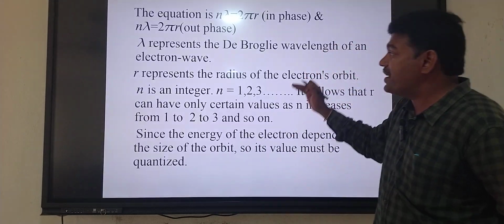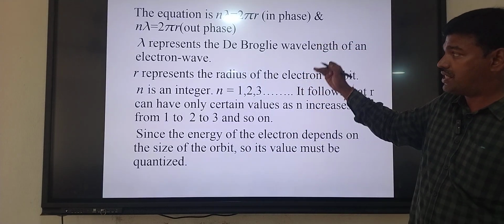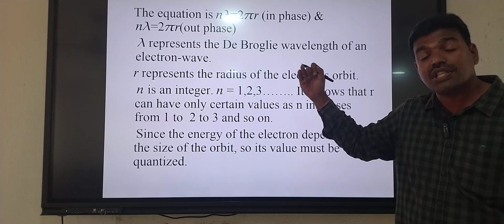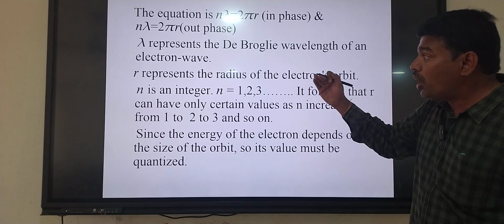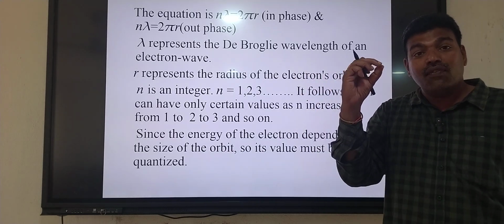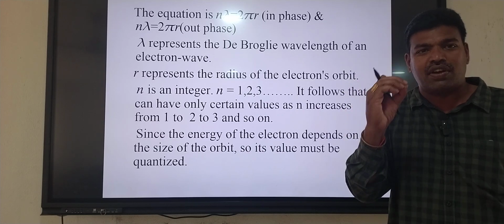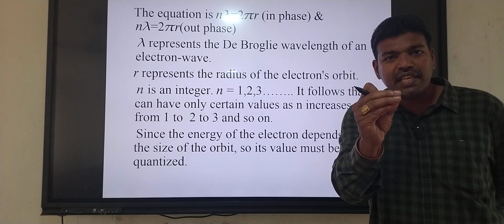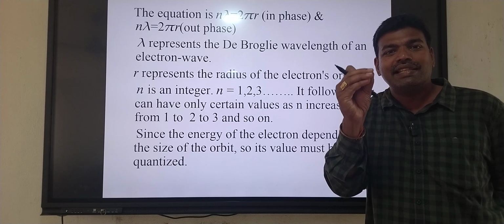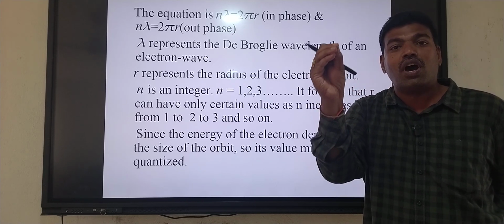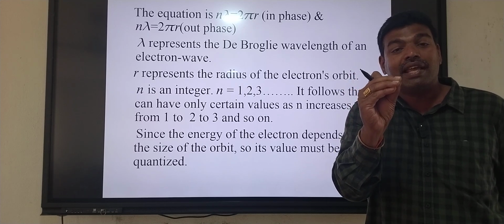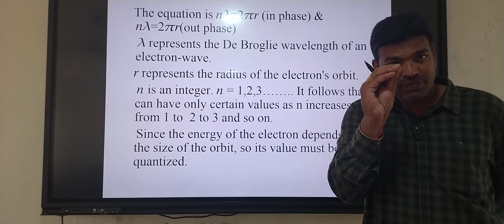Based on this hypothesis, de Broglie proposed a wavelength for this electron wave. Already we came to know that de Broglie proposed that the electron, which is revolving around the nucleus in a Bohr orbit, is associated with wave nature.